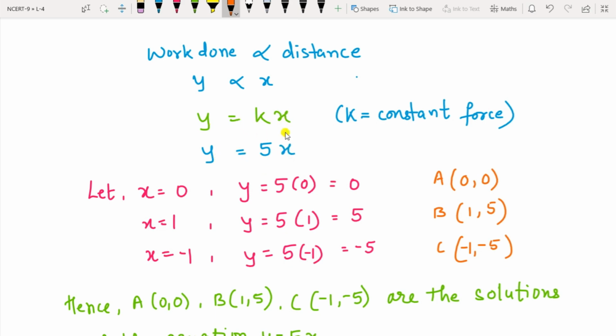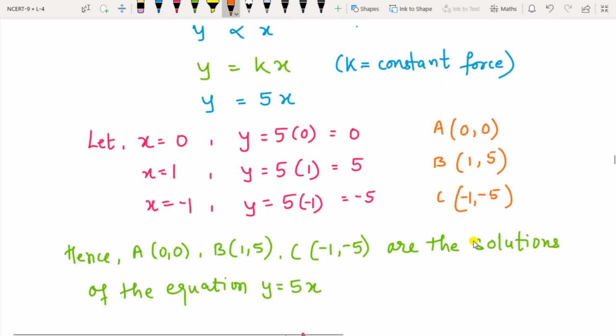Now taking any values of x here, you can find the respective values of y, which are 5 times x, and these are the points that you get after solving for x and y.